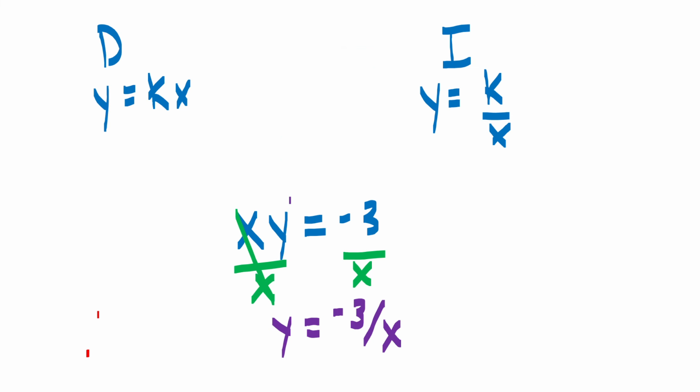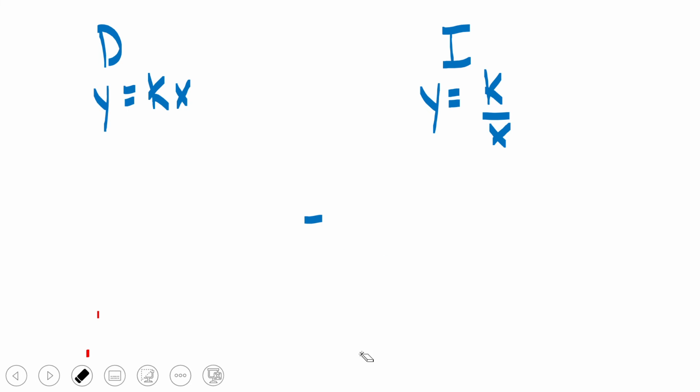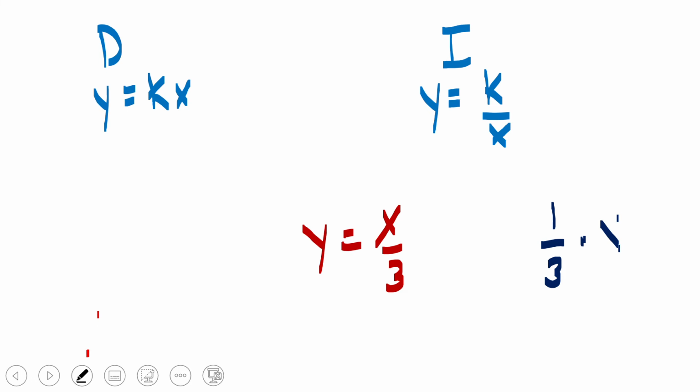All right, number 4. y equals x over 3. Notice the placement of your x is in the numerator. Remember that we can have a fraction for k. 1/3 times x equals x over 3.